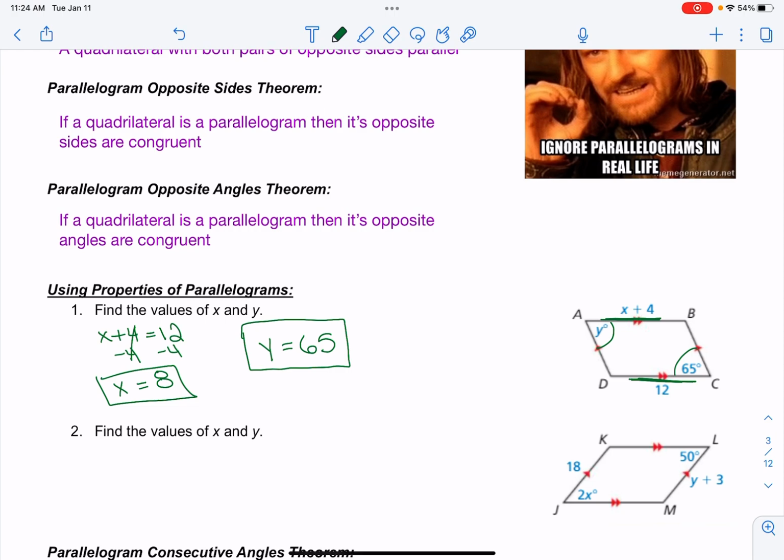All right, so for number 2, we use those same methods. So opposite sides are congruent, opposite angles are congruent. So if opposite sides are congruent, that means KJ, which is 18, is equal to LM, which is y plus 3. So to get y by itself, we subtract 3 from both sides, and we get y equals 15.